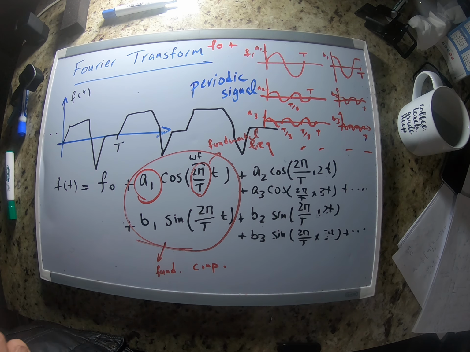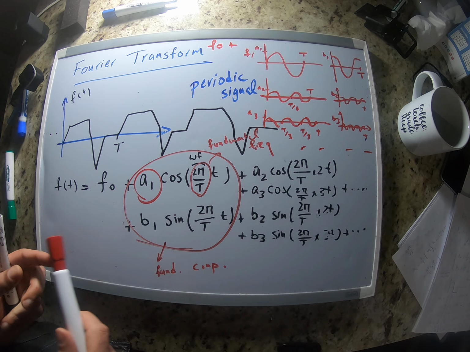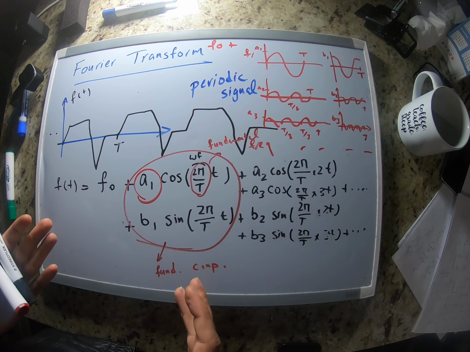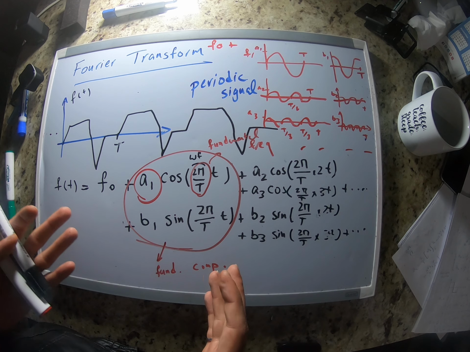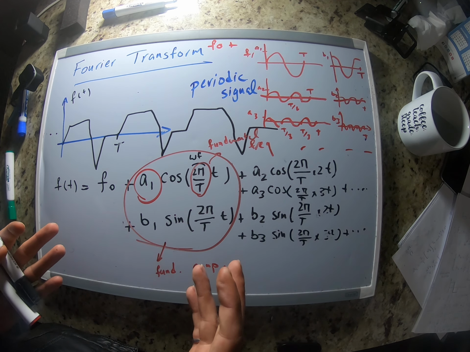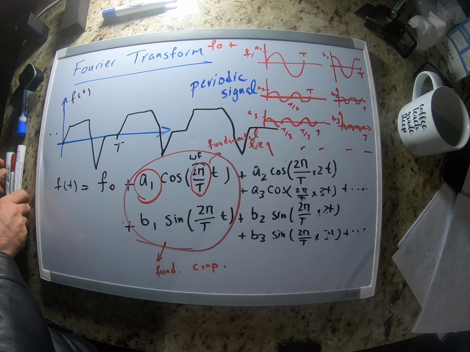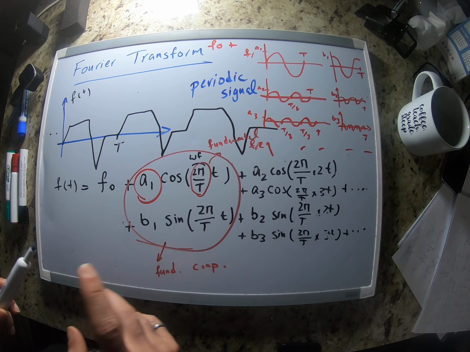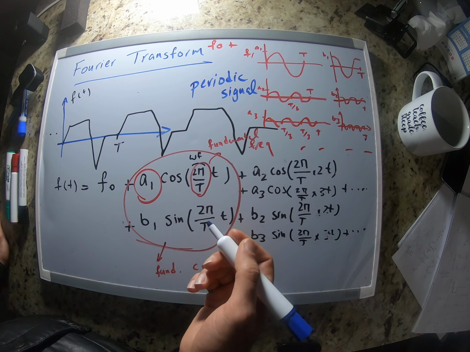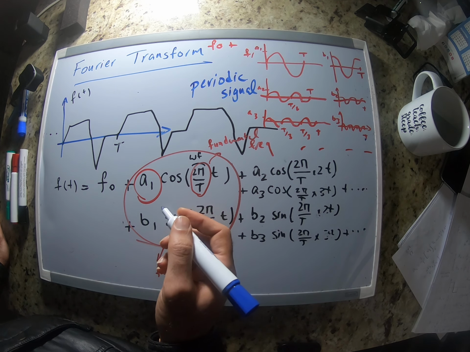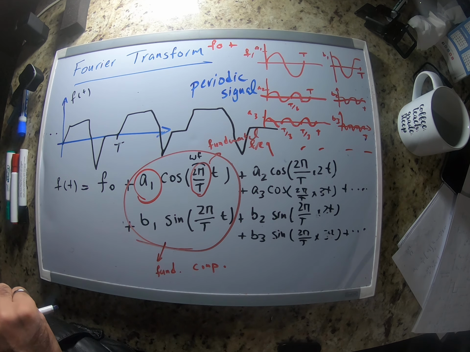The reason we do that is because when we decompose this signal into multiple sines and cosines, we can analyze the problem, the circuit, or any problem much more easily. Also in electrical engineering or even mechanical engineering, it gives us the option to design filters, or find out how much of each frequency we have in this signal.